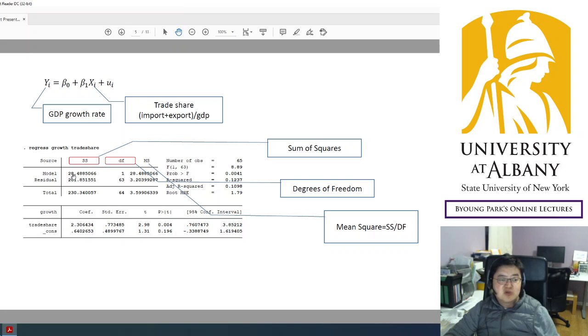As you see, in the first line, sum of squares is 28 and divided by 1, so mean square is 28 something. So mean square can be calculated directly from those two numbers, sum of squares and degrees of freedom.